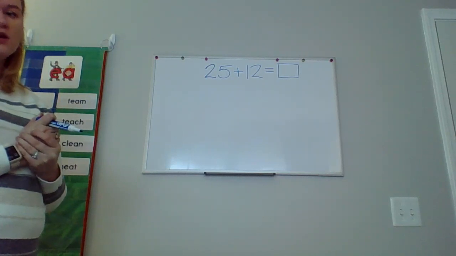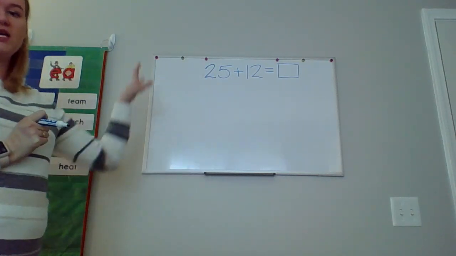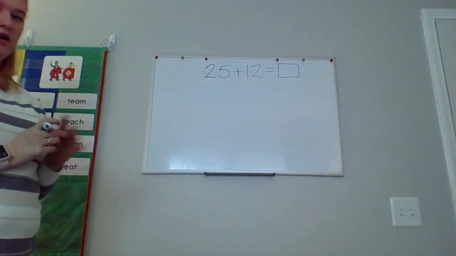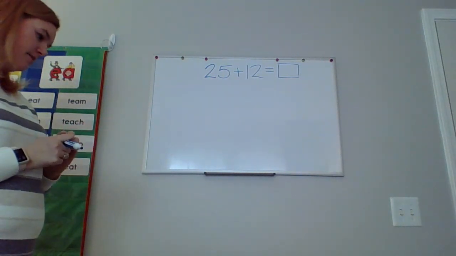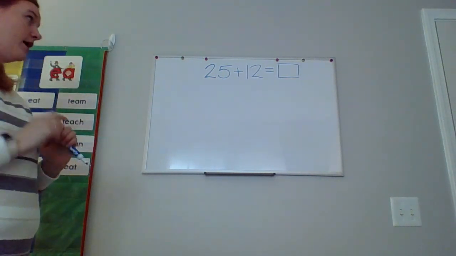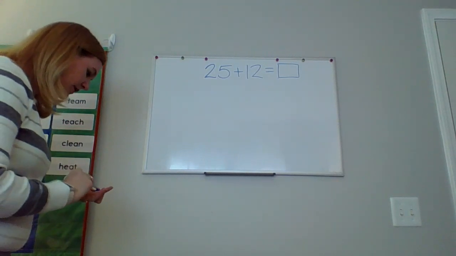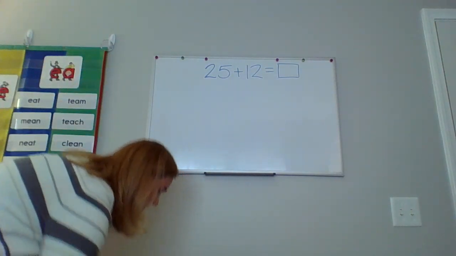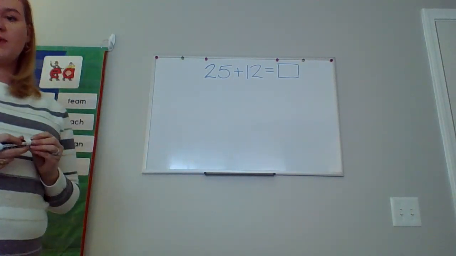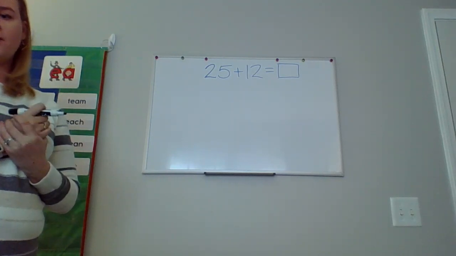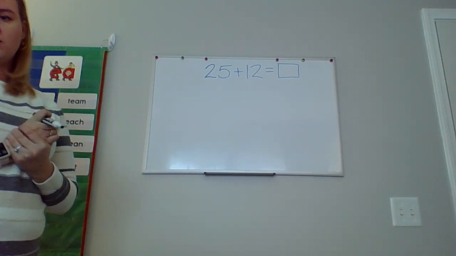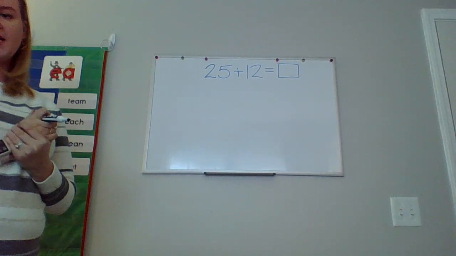Okay. Now we're not going to draw a really nice organized ten chart. We're just going to draw out the numbers. Now, if I was drawing the number 25, who could help me draw the number 25? Easy, go for it.